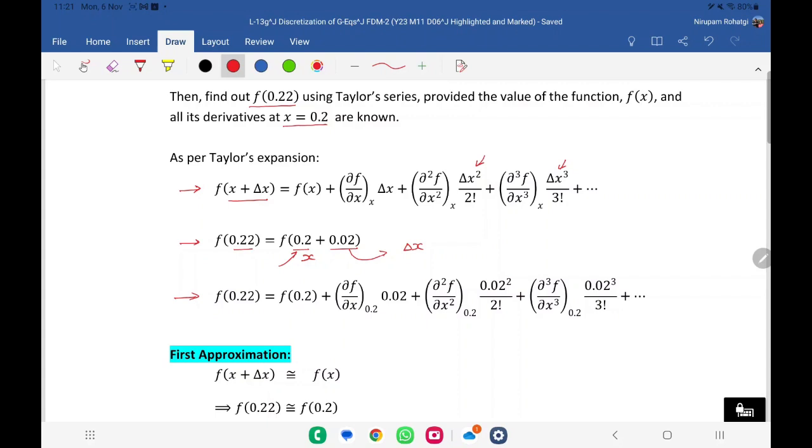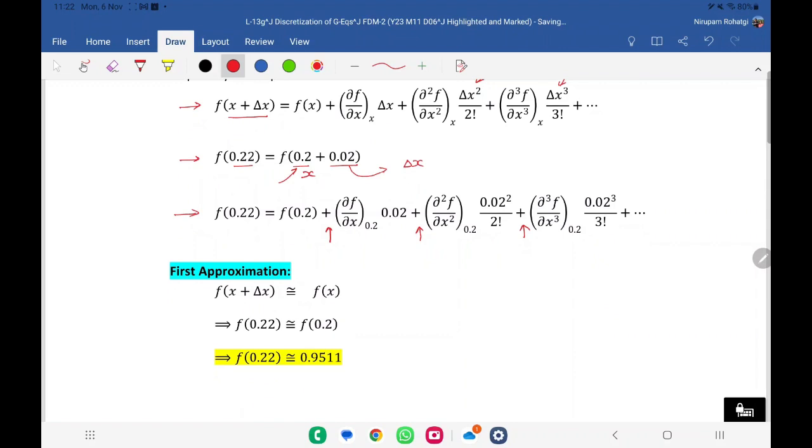What we will do, we will find the approximation at this point, at this point, and at this point. So basically we will be leaving out the remaining terms. This is my first approximation: all the terms beyond the first term, this is 0.1, this is 0.2, and this is 0.3.